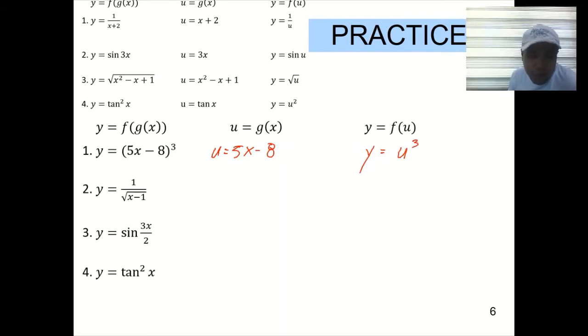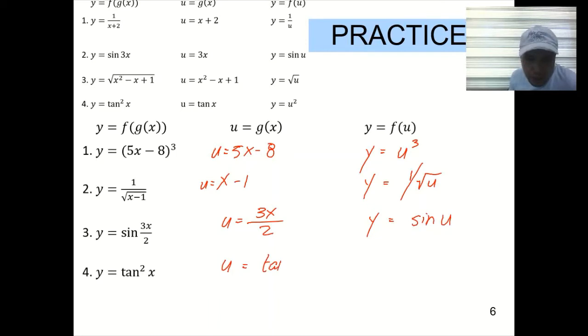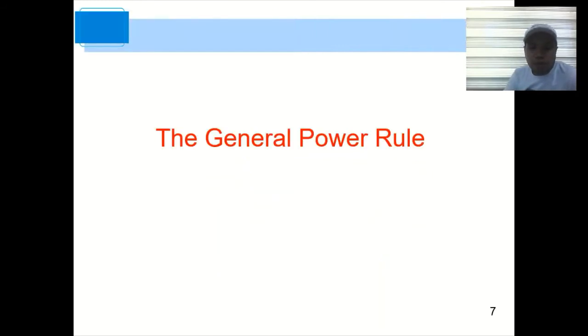Number 2, we have x minus 1, and y is equal to 1 over square root of u. Number 3, we have 3x over 2, and the outer function is sine u. Number 4, we have the inner function as tangent x, and the outer function is u squared. There you go.